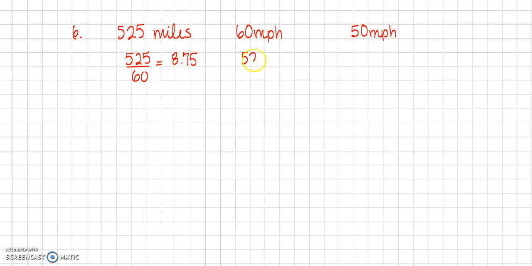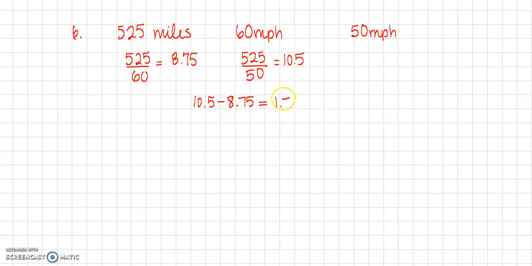And we need to find out how long it took us to go that 525 miles at 50 miles per hour. That's 10.5, which should make sense. It took us longer to go 525 miles because we were going slower. So the difference between 8.75 and 10.5, we're going to subtract 10.5 minus 8.75.